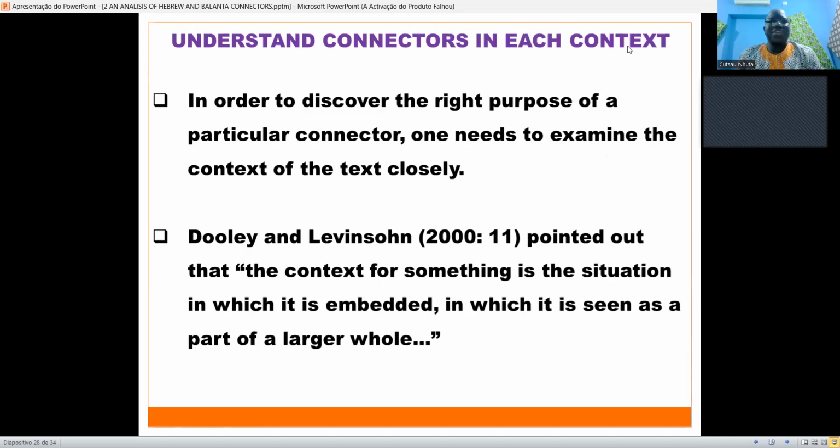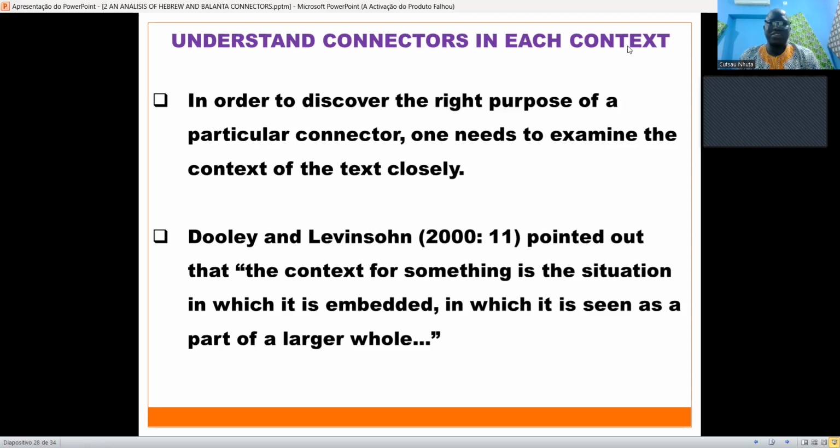The first thing is to understand connectors in each context. In order to discover the right purpose of a particular connector, one needs to examine the context of the text closely.